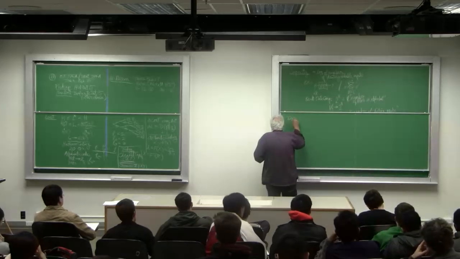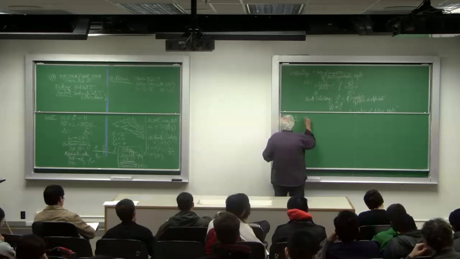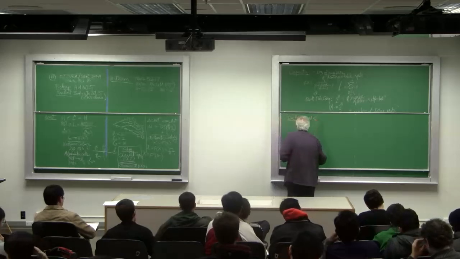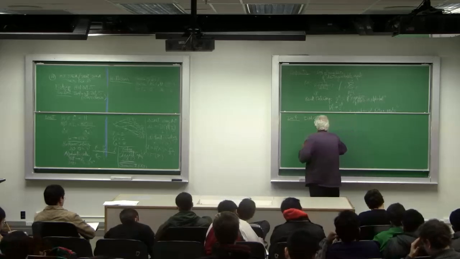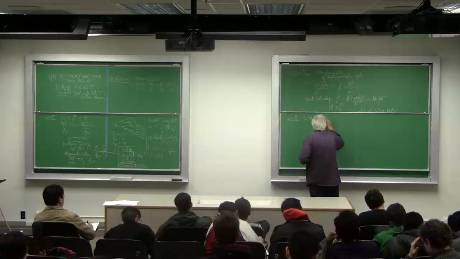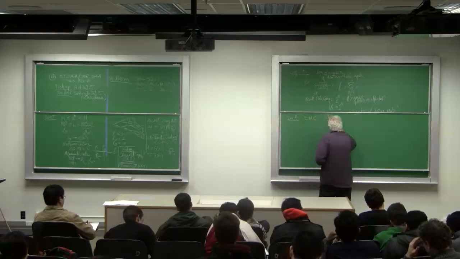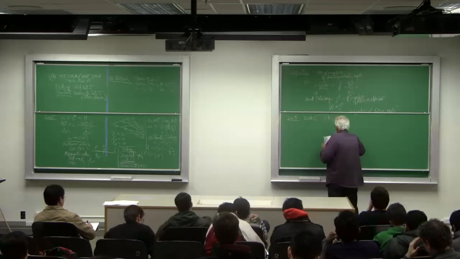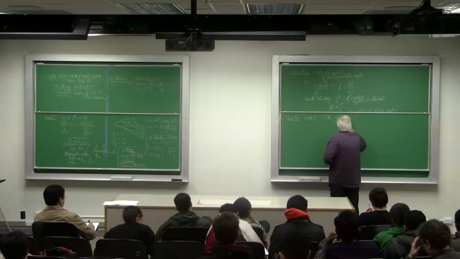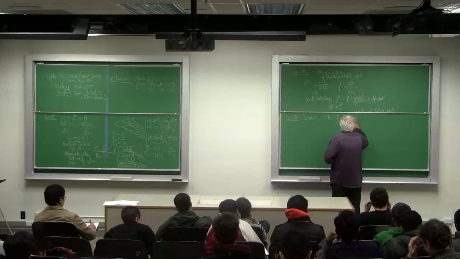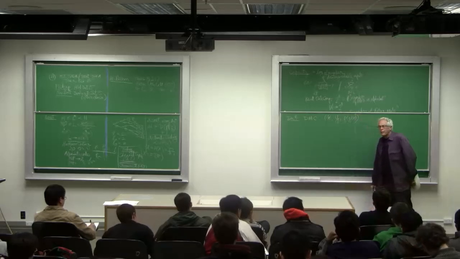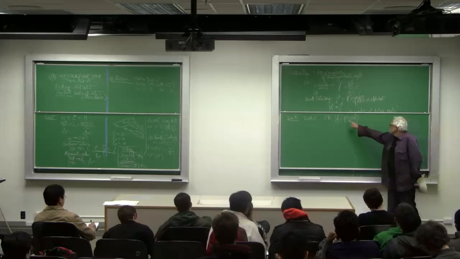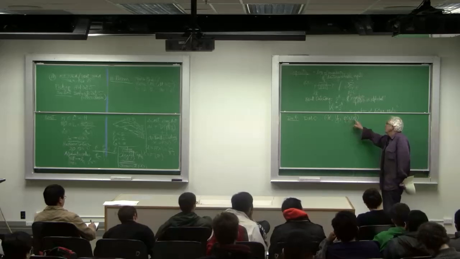All right, so we have a definition of a discrete memoryless channel. I'm not going to write it out. DMC. It consists of an input alphabet, an output alphabet, and a probability of y given x.